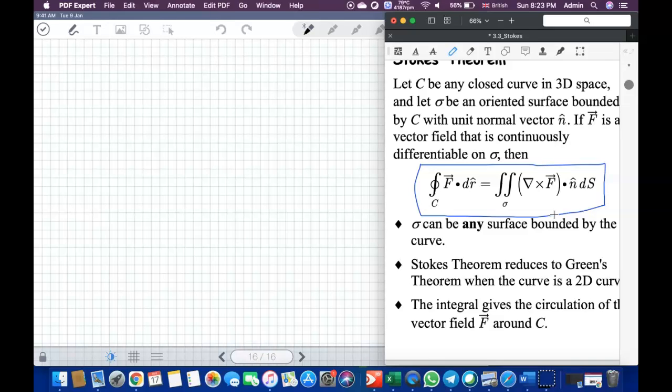As we know, Green's theorem is applicable for line integral. If your curve is a closed curve, then it's easier for you to apply Green's theorem, where you have to apply the double integral of Qx minus Py, isn't it?